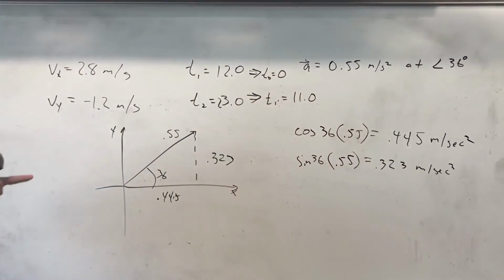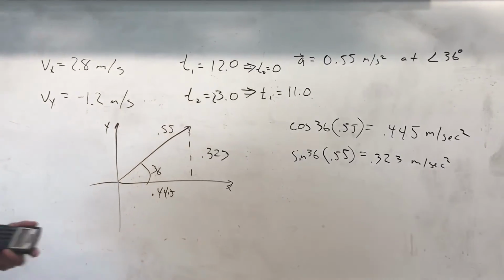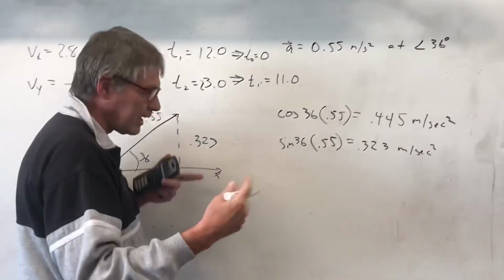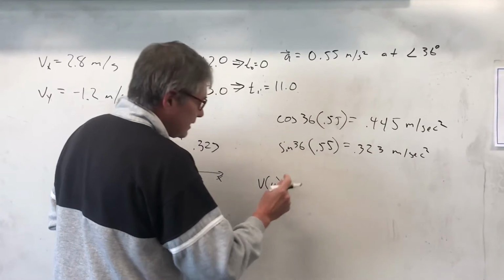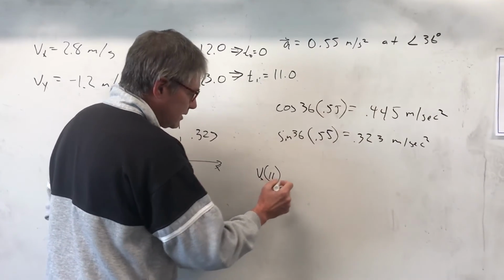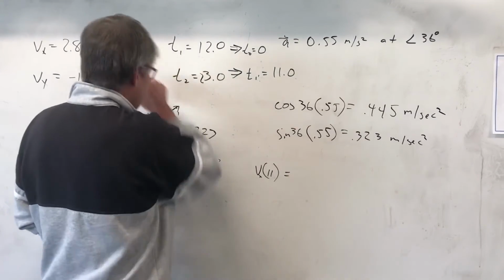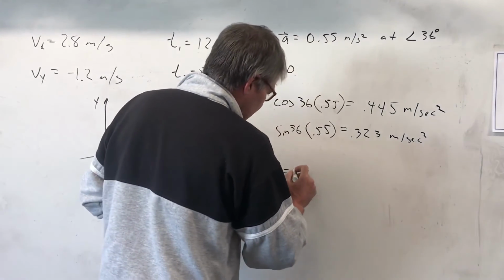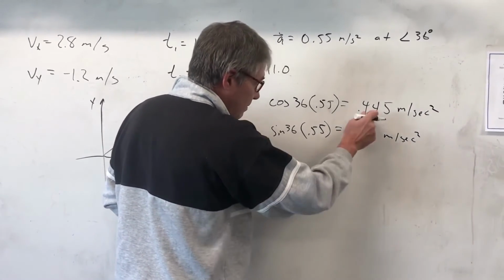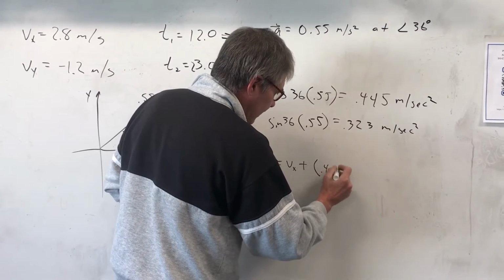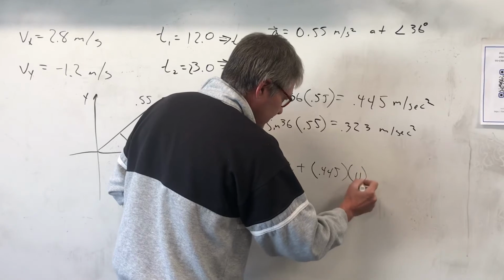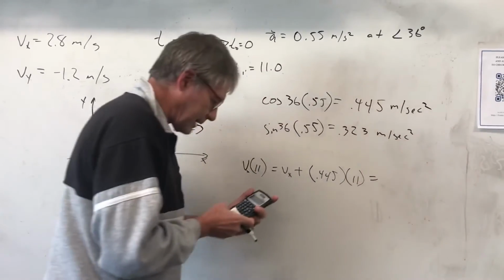So how much does he accelerate in each direction? Well, what's the velocity after 11 seconds? Velocity after 11 seconds in the x direction is equal to our initial velocity plus 0.445 times 11 seconds.